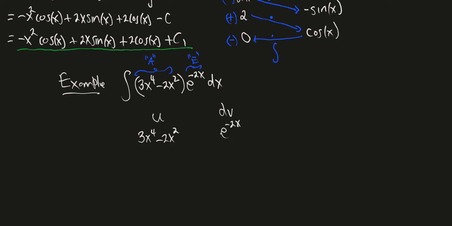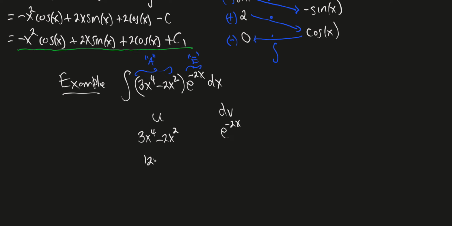Now, another thing about making this choice, the u that you choose should be fairly easy to differentiate, and then the dv should be equally easy to integrate. And I think we can see that that's pretty much the case.